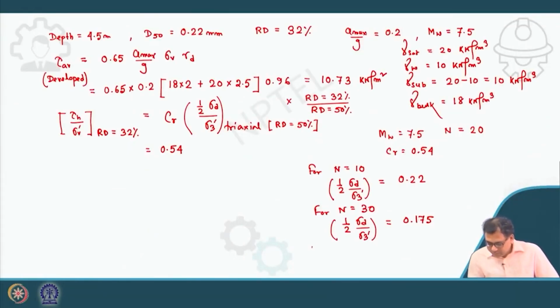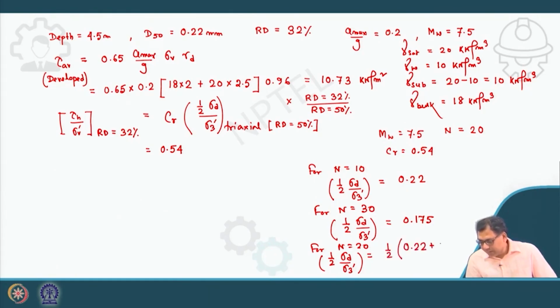Now for n equal to 20, I am taking the average value of half sigma d divided by sigma 3 dash. So I am taking the average of these two, 0.22 plus 0.175, which is equal to 0.1975.